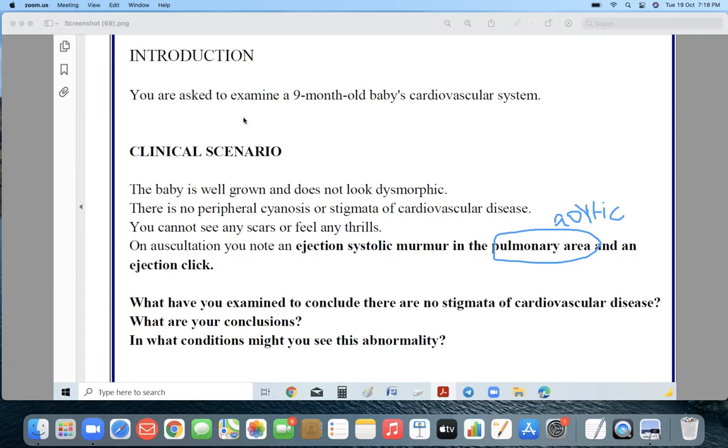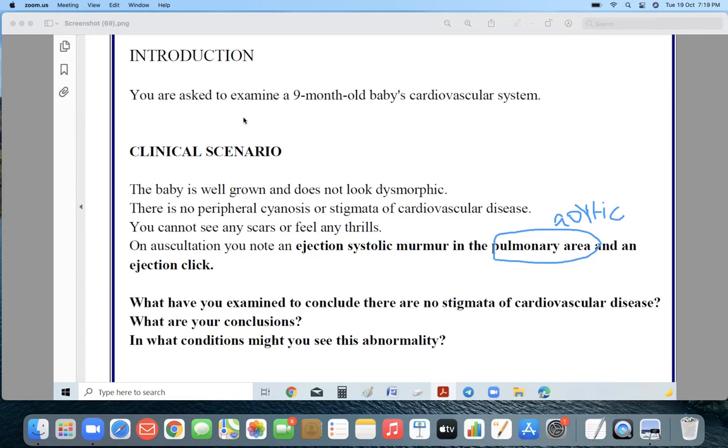Is there any scar on the chest, under the arms, or any visible pulsation or chest deformity? No. I will count the respiratory rate and check whether the child is in respiratory distress at the moment. Is there any finding? No. Respiratory rate is 40 per minute, and there is no deformity, only the left side of the chest is bulging.